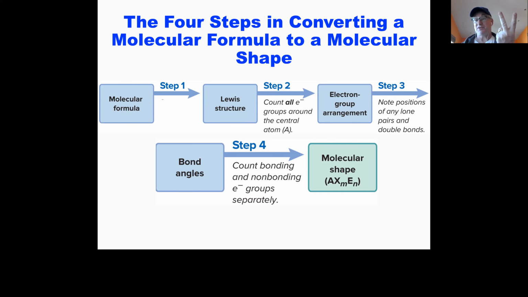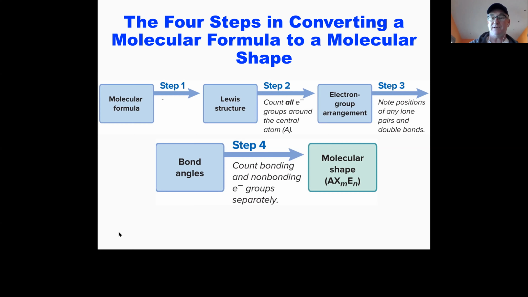We know how many atoms are going to be around the central atom, but we won't know how many lone pairs there are. We'll be able to figure out what geometric group it's in, but we won't know what shape it is until we know where all the lone pairs are.